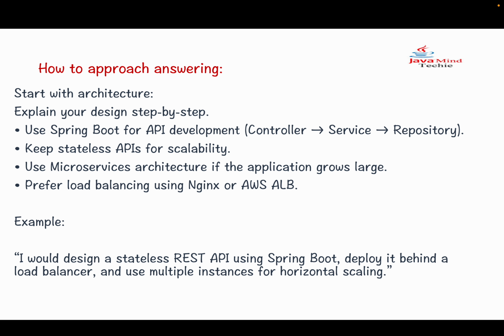Guys, see, then third, use microservices architecture if the application grows large. Suppose you would like to implement a large application, right? If you implement a large application, just like Flipkart, Amazon, in that application you will have different types of services.